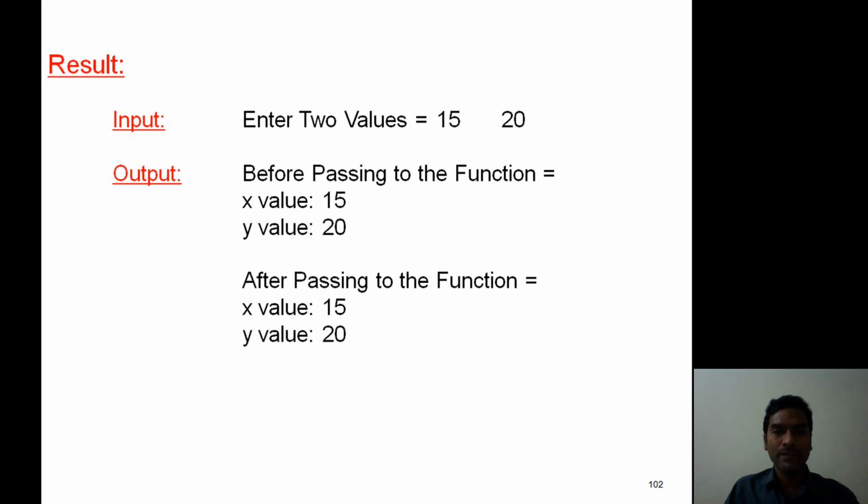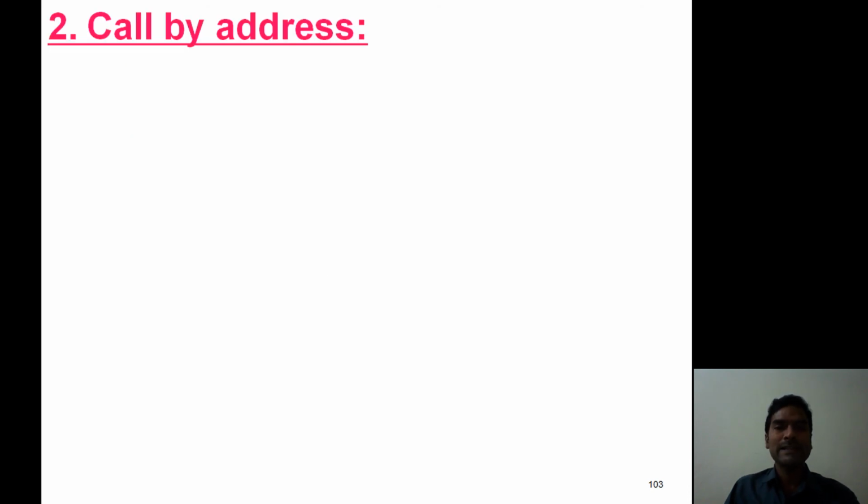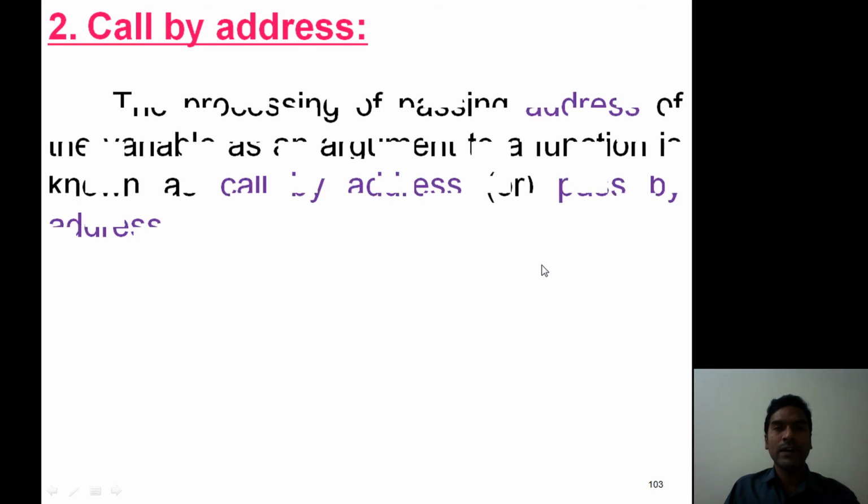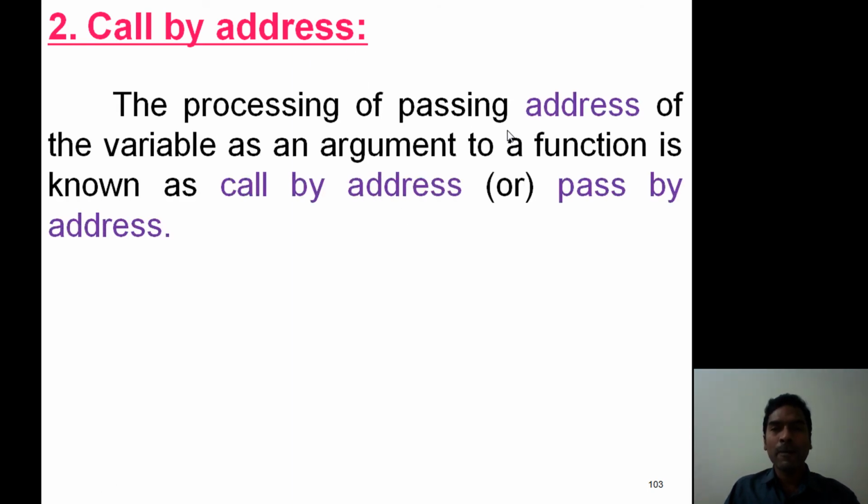Okay. Then the second mechanism, call by address. The process of passing the address of the variable as an argument to the function is known as call by address. Now this one is important. Here we are passing the address of the variable as an argument.